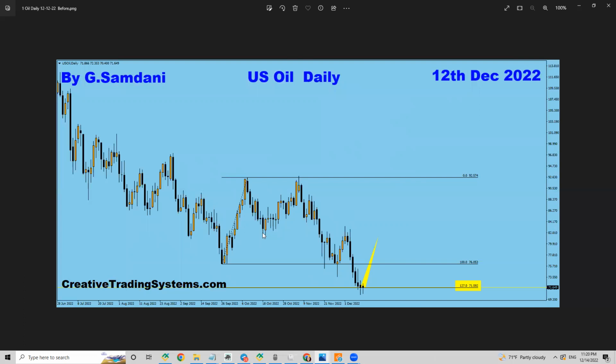Doesn't matter if it's oil or gold or forex or stock market, anything that you can have on MT4. You can do a technical analysis like this and follow up and take trades using any system. It's my system I'm using. If you have any good system, yeah, you can use it. But the bottom line is that you must know a little bit of this technical analysis.